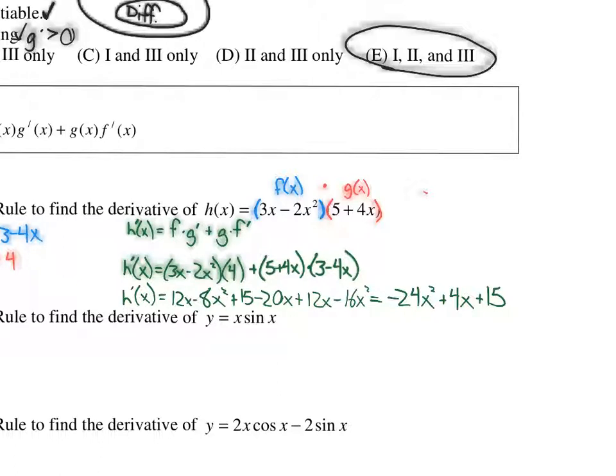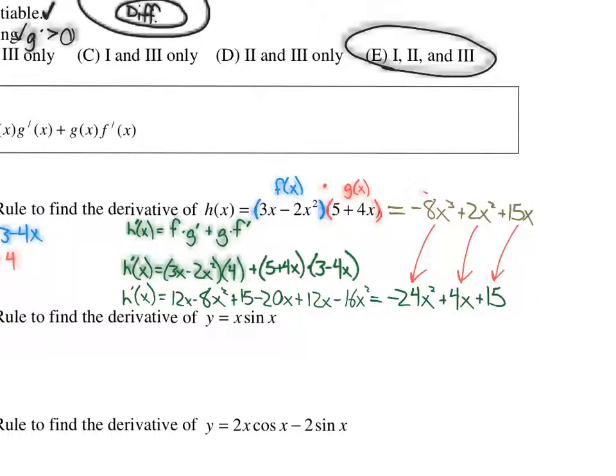Just to double check ourselves, if I had FOILed this together, I would have gotten negative 8x cubed plus 12 minus 10, so that would be a plus 2x squared, and then I would have had a plus 15x. And if I took the derivative of that, notice I would have gotten the same thing.